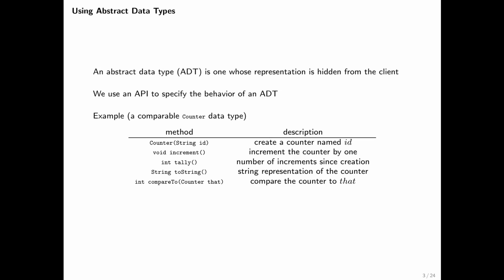It returns a positive number when one of the counters is larger than this one, and it returns a negative number when one of the counters is less than the other counter. We'll talk about how you make a type comparable later on in this lecture.